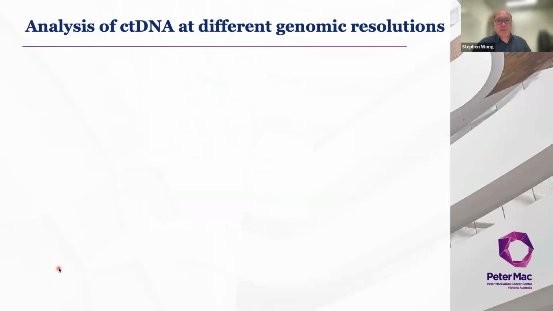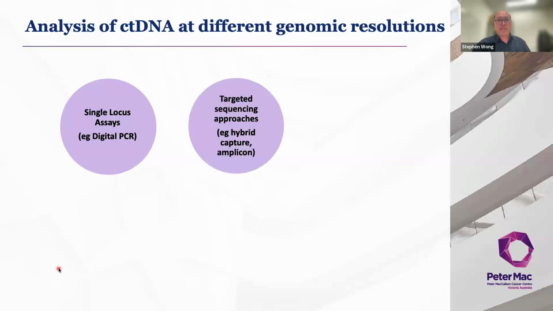As a consequence, we apply many different genomic-based techniques to analyze circulating tumor DNA. Some common ones include digital PCR, which can analyze one mutation at a time. But it can also range from targeted sequencing-based approaches, which I'll talk about later today, to whole genome sequencing approaches.